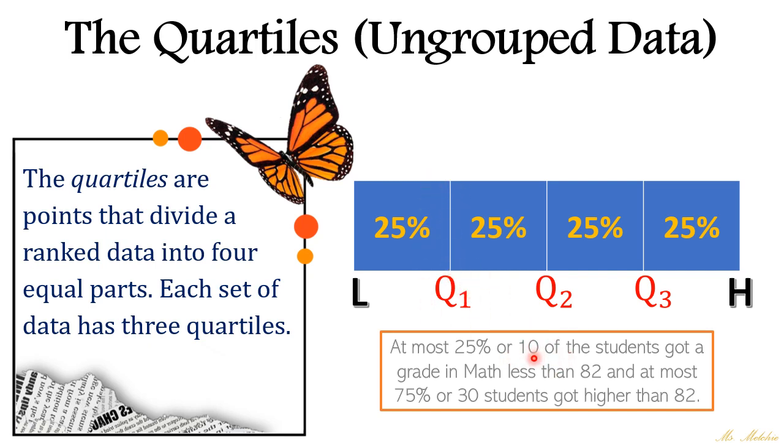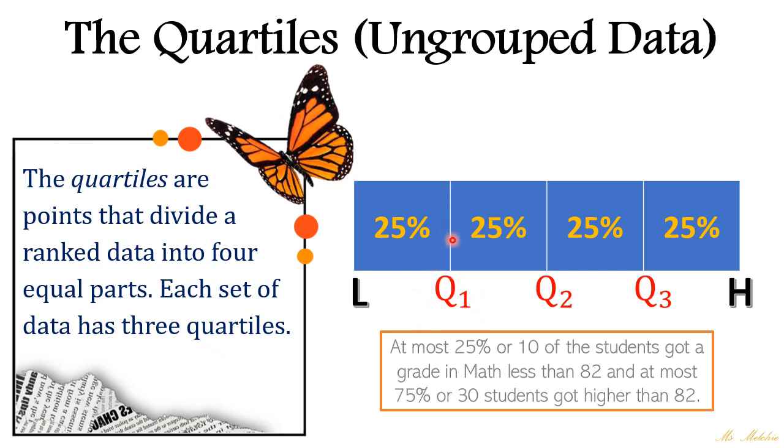How did I come up with 10? You simply get 25% of 40 students. You just apply the formula for base, rate, and percentage: 40 times 0.25 gives you 10. So 10 of the students got a grade in math less than 82, because 82 is our Q1 here.